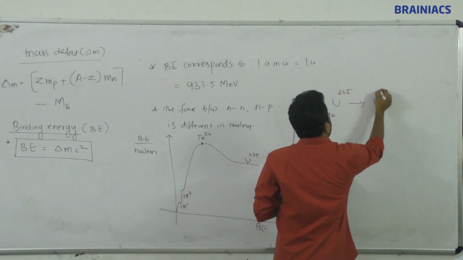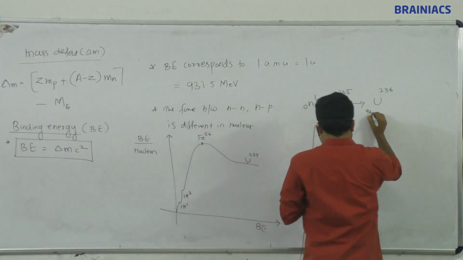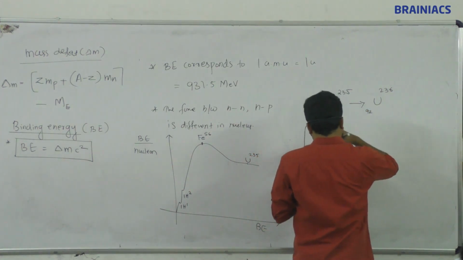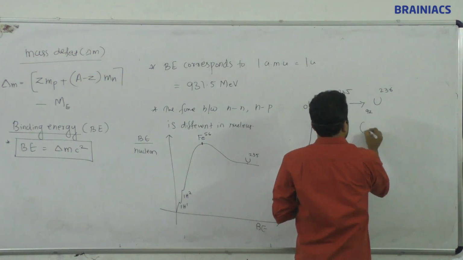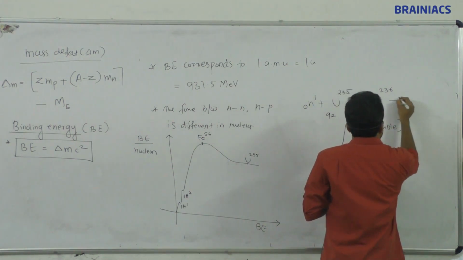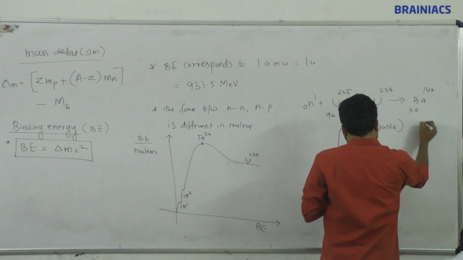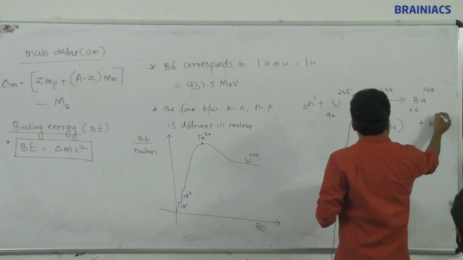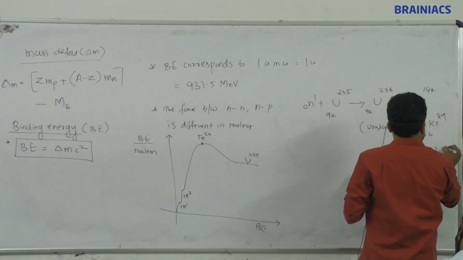Example for a fission, no need to learn this by heart. Write this example: uranium-235 plus a neutron is converted into barium-144 (56) plus krypton-89 (36) plus 3 neutrons.